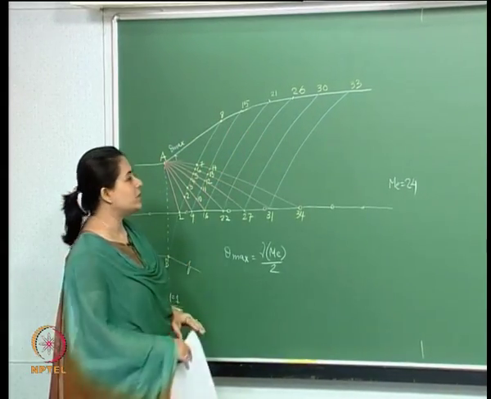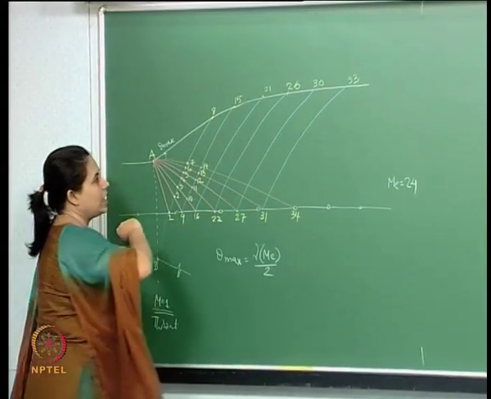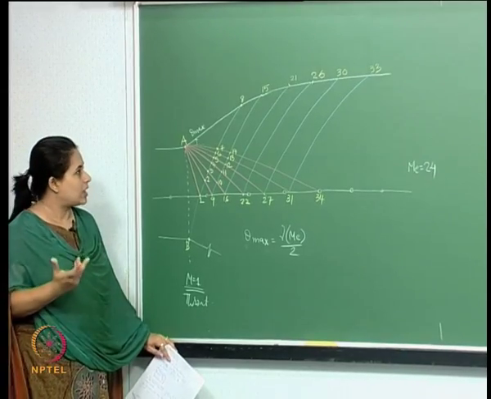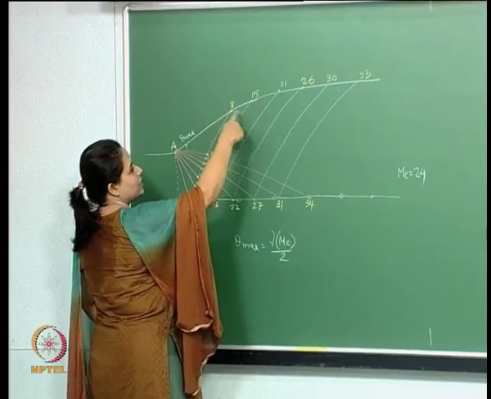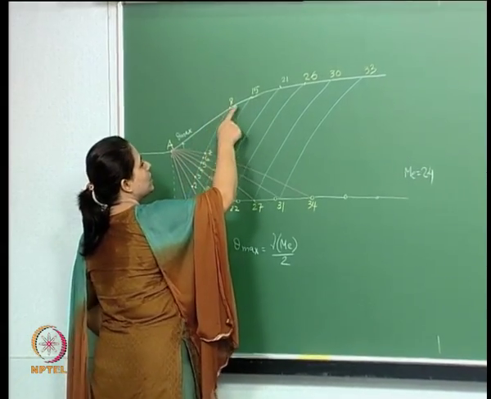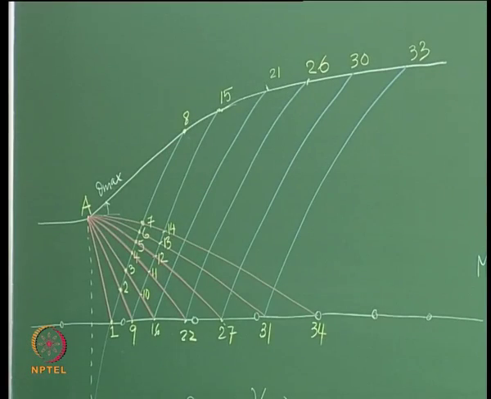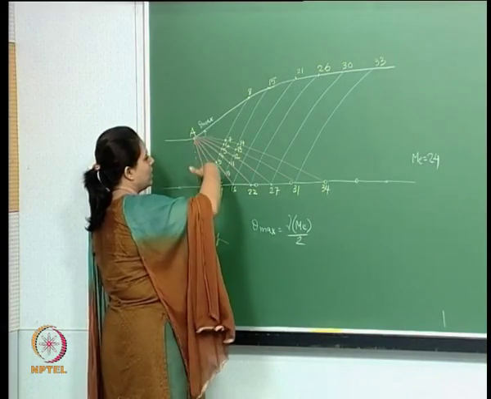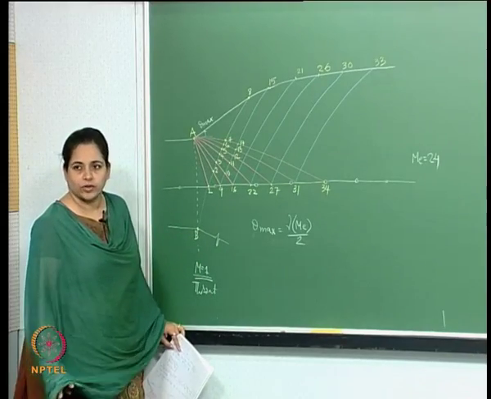So I should be able to locate these points with respect to this, and hence when I connect them, I will have a surface. Obviously, if you have more points here, then it gives a better estimation of the nozzle. For that, all you need to do is take more and more Mach waves, as you can clearly see from here.